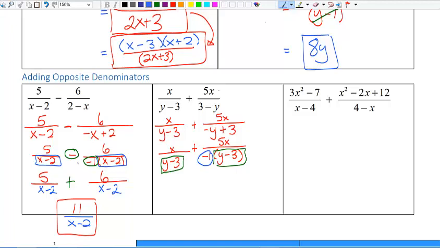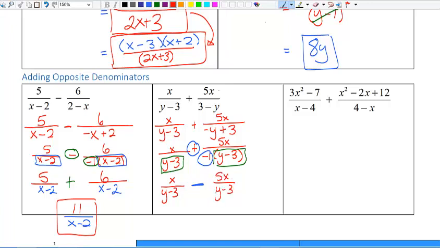Well, last time the negative times a negative turned out to be positive, and that was pretty easy. But this time we have a positive times a negative. Well, a positive times a negative is a negative. So what I'm going to do is I'm just going to multiply these two numbers together and make the sign in between it minus. So we have x over y minus 3 minus 5x over y minus 3.